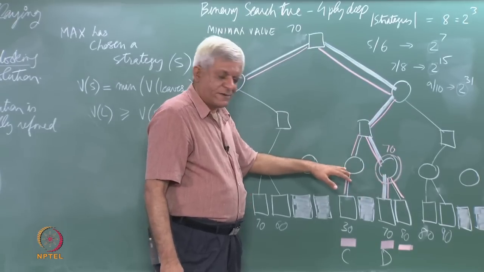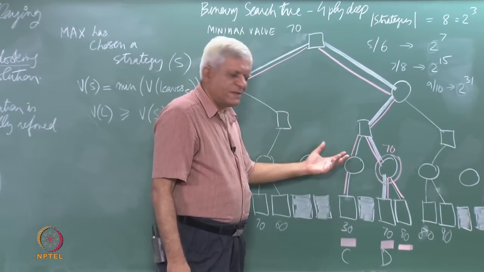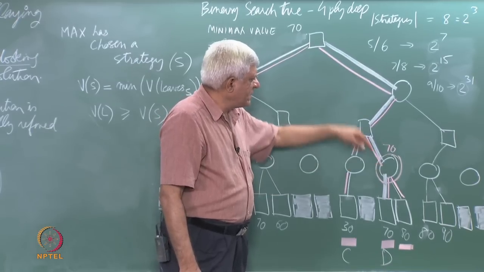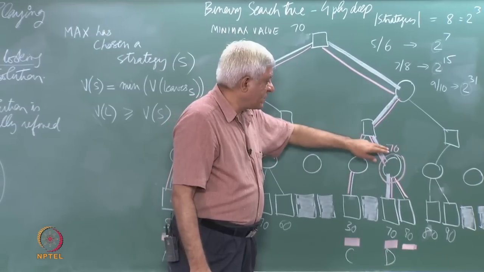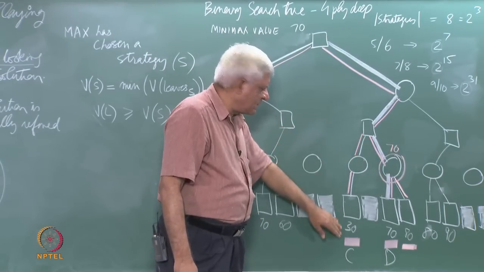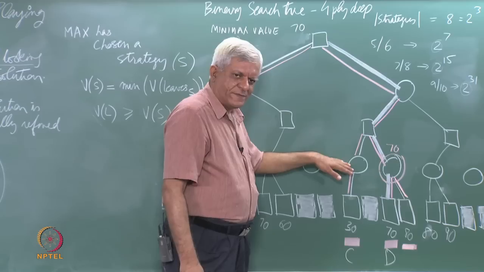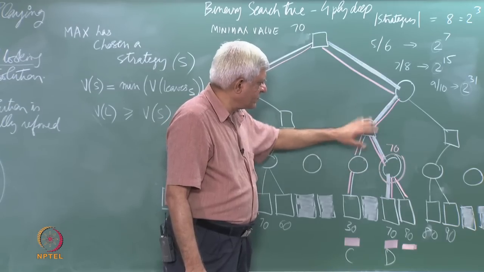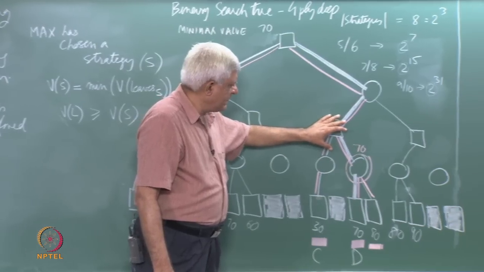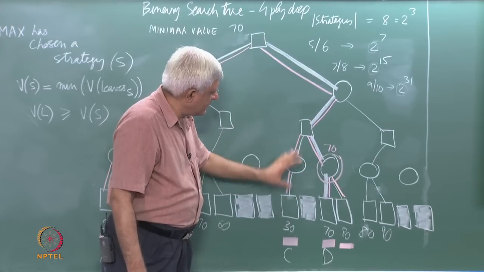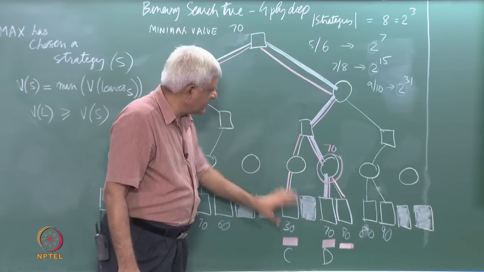It has a sibling, but the sibling is never going to play a role. Why? Because it is a min node, it has a value of 70, its sibling has an upper bound of 30, and this sibling is never going to influence this max node, and it is going to not consider this at all.